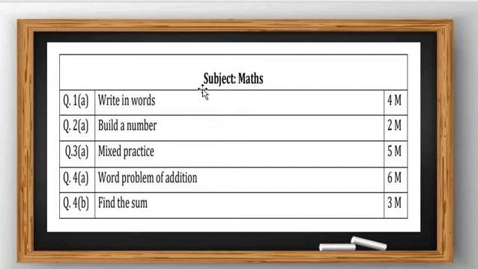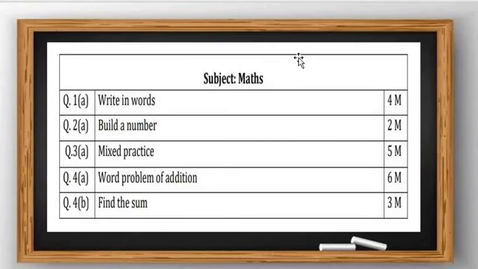The first two questions come from chapter number 1, and then questions 3, 4A and 4B come from chapter number 2. I hope you all understood what I am telling you.